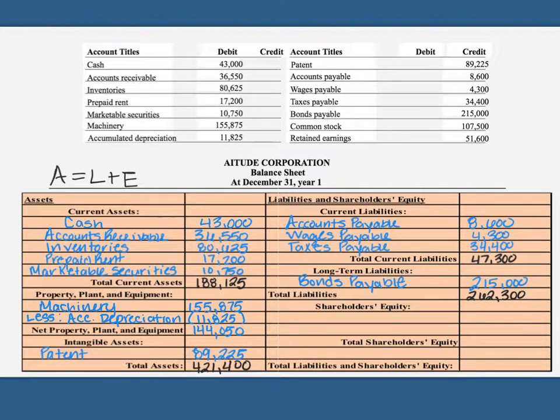Last, we will handle our shareholders' equity part of the balance sheet. We have common stock for $107,500. And then our second account is retained earnings, $51,600.